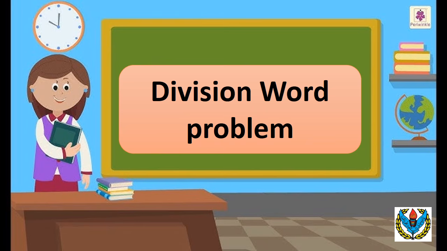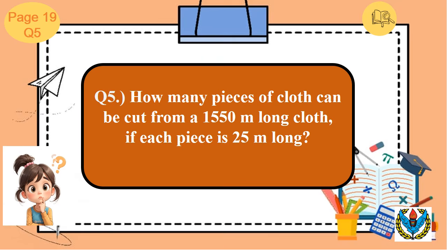Now we can start our second real life story sum, that is about division, and the question number is question number 5. Now the question number 5 statement is, how many pieces of cloth can be cut from a 1550 meter long cloth if each piece is 25 meter long?